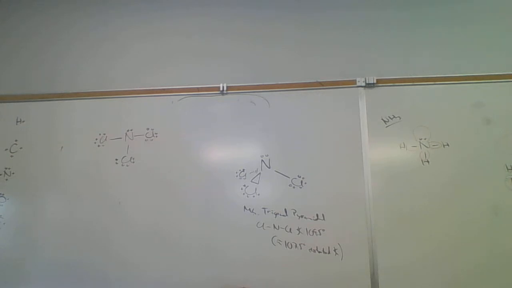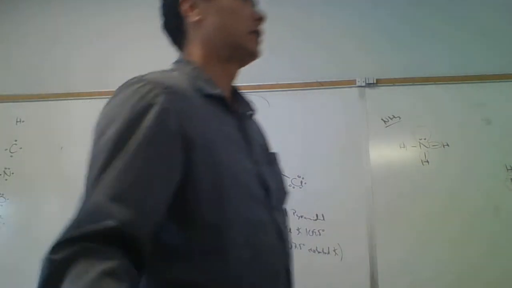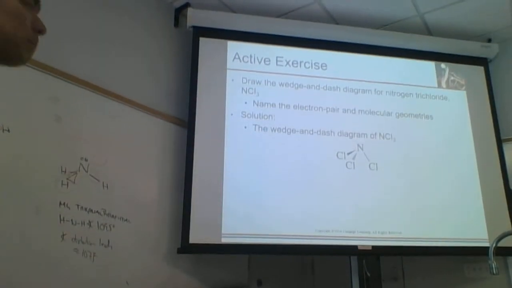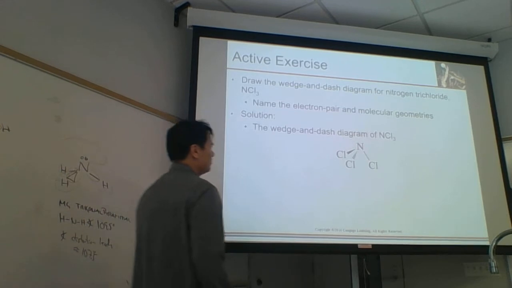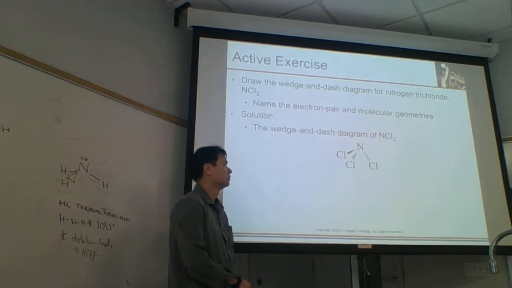There are 2 reasons I don't like their drawing. Reason number 1, there's no lone pairs. I don't like that. And reason number 2, they have the wedge and dash mixed up.